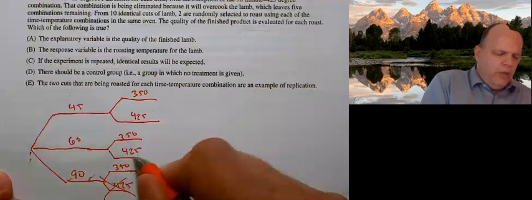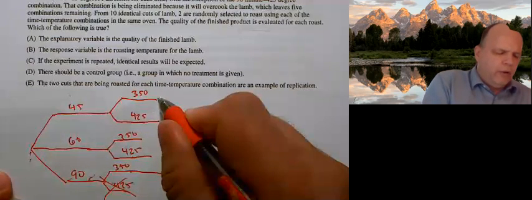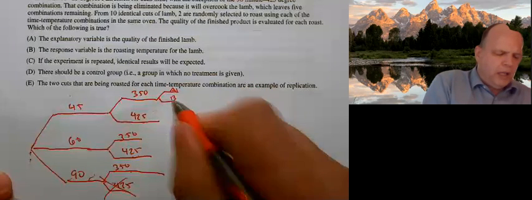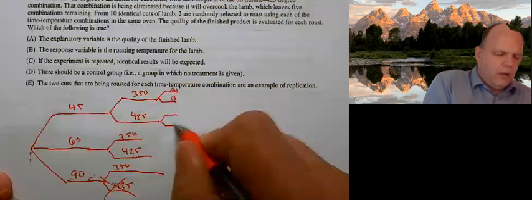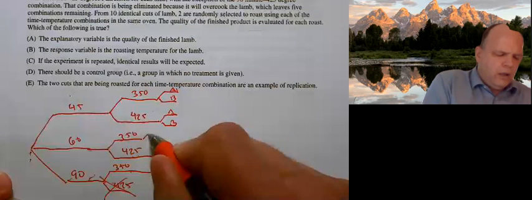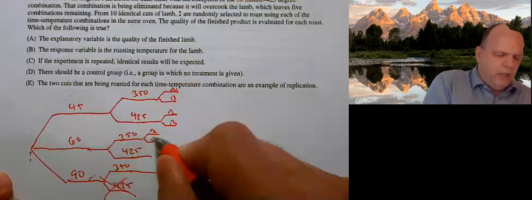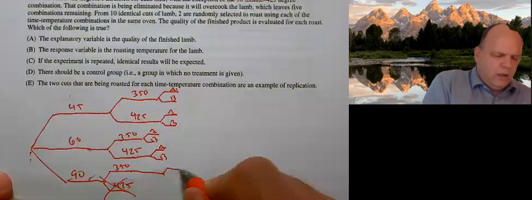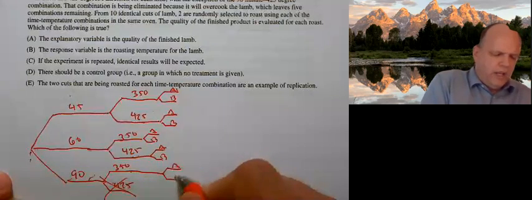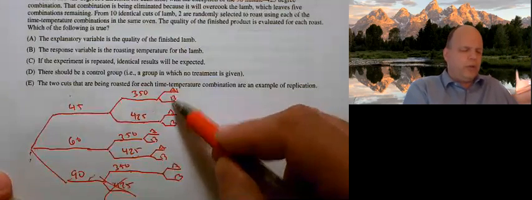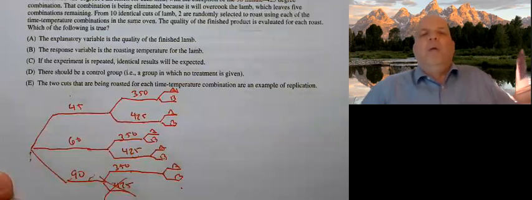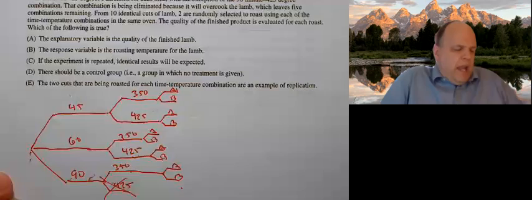Then we have 2 cuts of lamb, A and B, A and B, A and B, A and B, and A and B. And we count these up: 1, 2, 3, 4, 5, 6, 7, 8, 9, 10. And that right there is our 10 cuts of lamb.